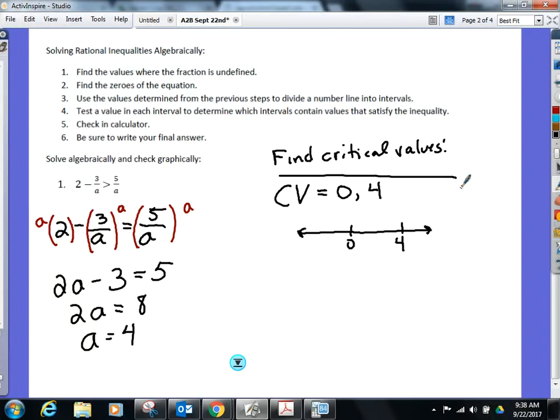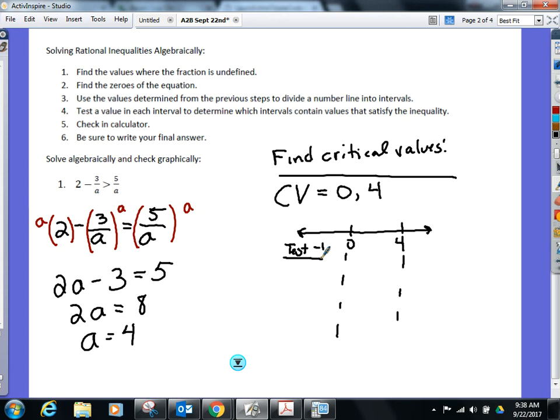All right, testing values. So what I need your help to do right now is, can somebody give me a value that's less than 0 that I can test? Okay, let's test -1. Give me a number to test between 0 and 4.